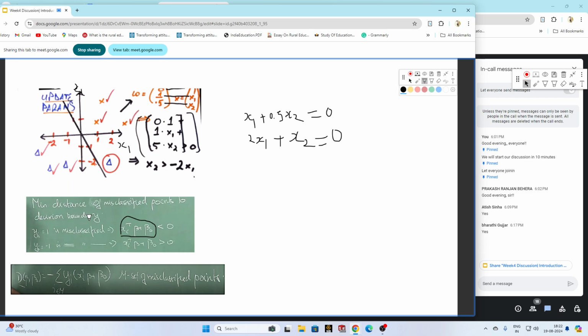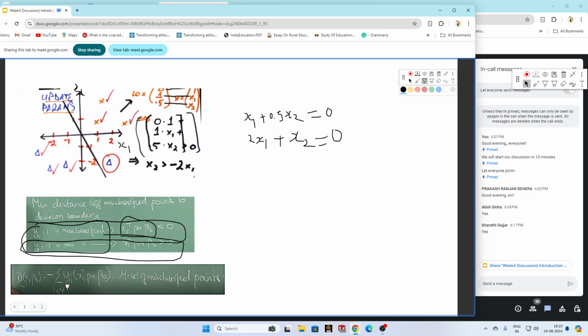Now, if this is taken for misclassification, what happens is this point should be here, but we are writing it here. So for this point the equation should be less than 0, but now it is greater than 0. Similarly, if a point is on that side, we can write it like this.